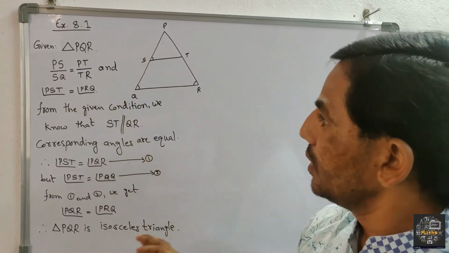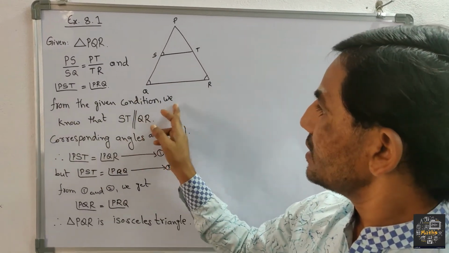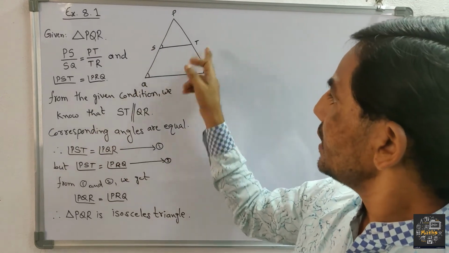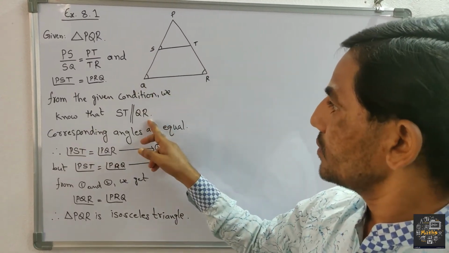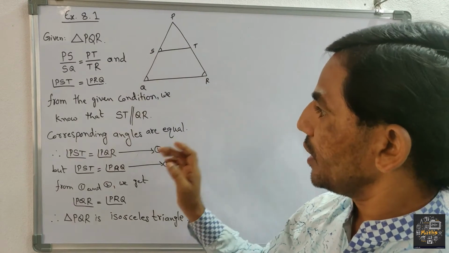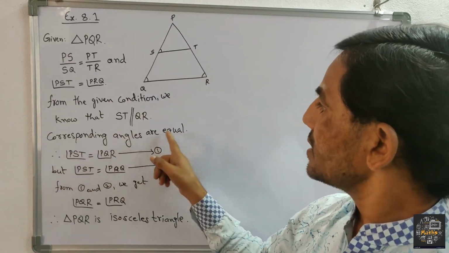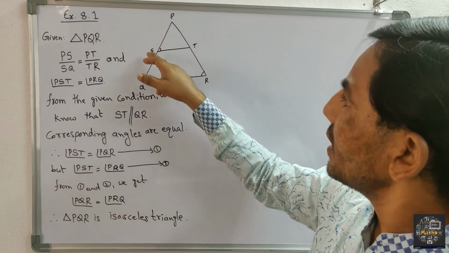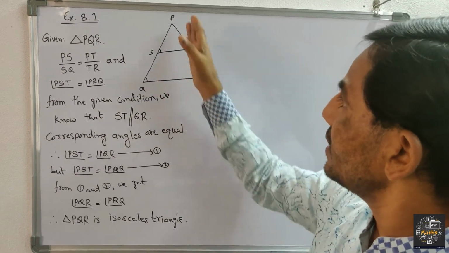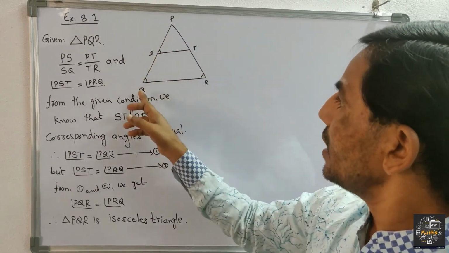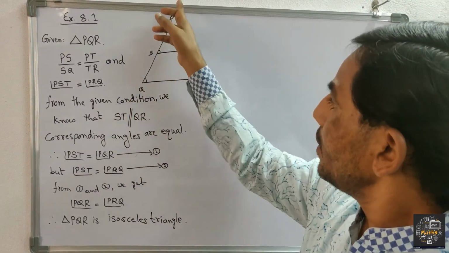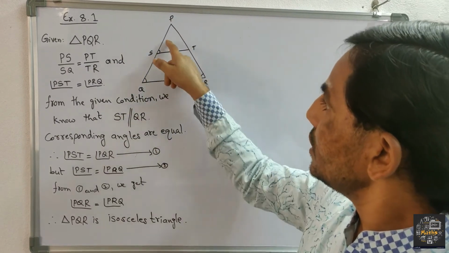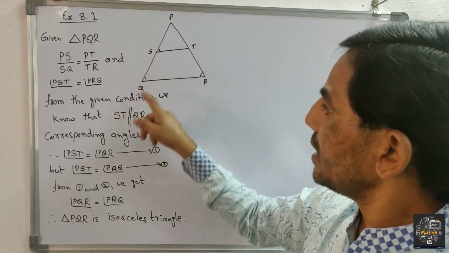So from the given conditions we know that ST is parallel to QR as per the basic proportionality theorem. So here corresponding angles are equal. For example, this is one line, this is one line, this is the transversal. ST parallel QR and PQ is the transversal. These two angles are corresponding angles. So corresponding angles are equal.